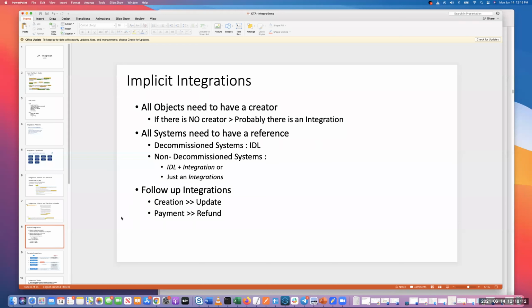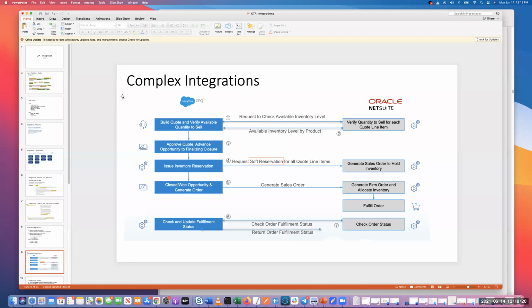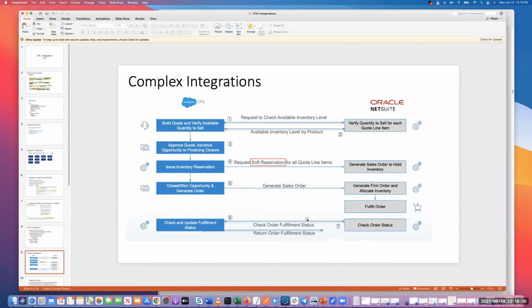Yep. All right. So these are some of the ways you can find the implicit integrations. Next, one of the complex integrations that I came across in a demo. I think it's good to just know about this. It's nothing you should be designing or whatever, but just be mindful.